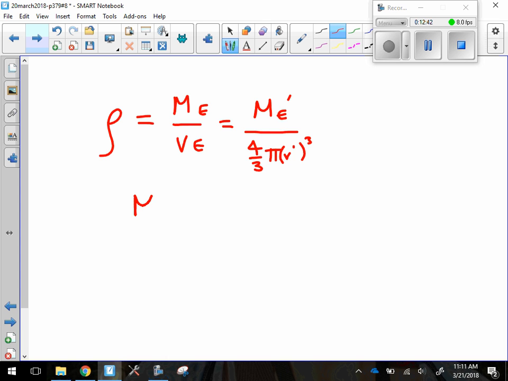So that means that I can find the mass of the Earth that's inside my radius as 4/3 pi r prime cubed times rho.